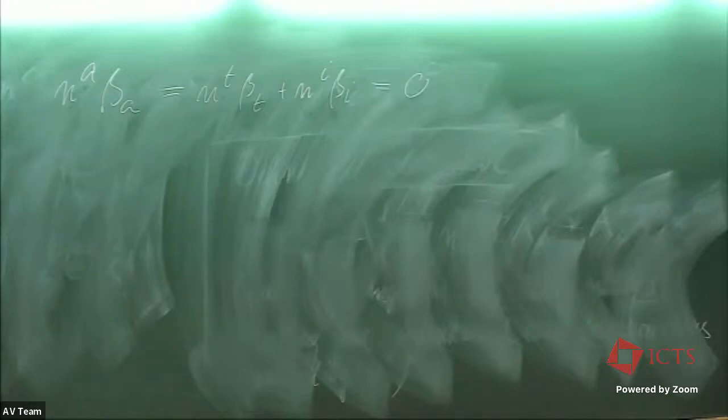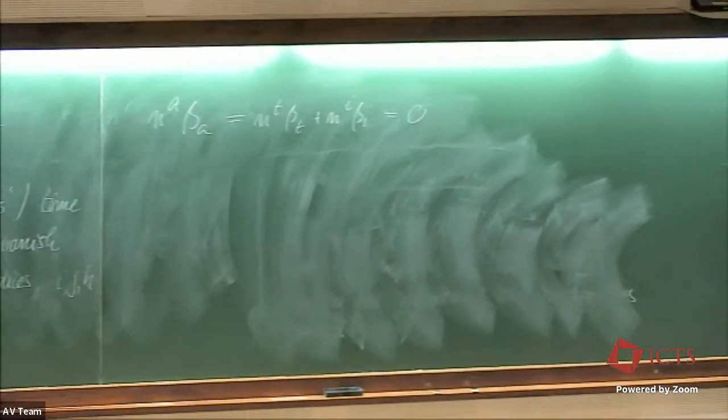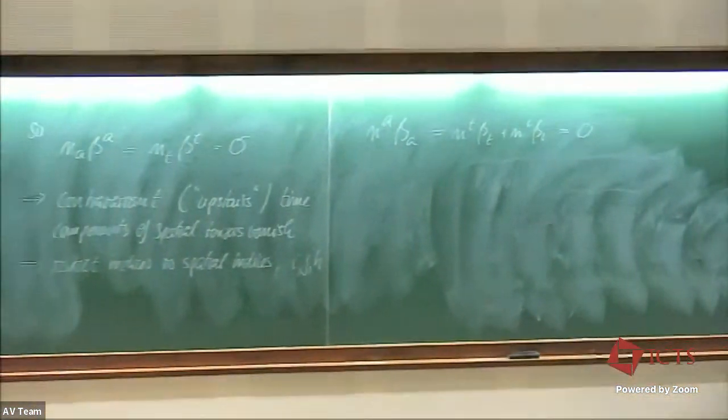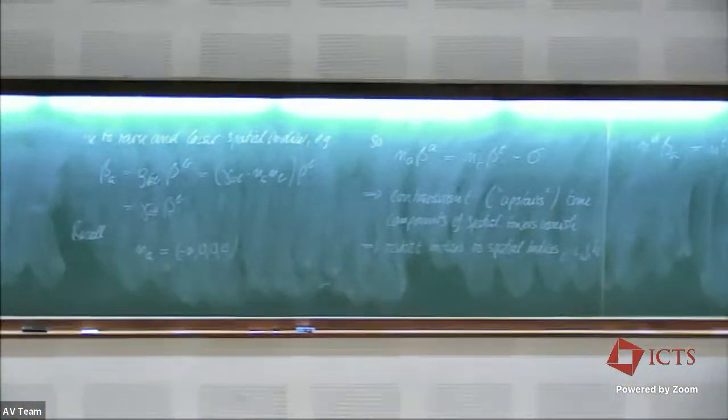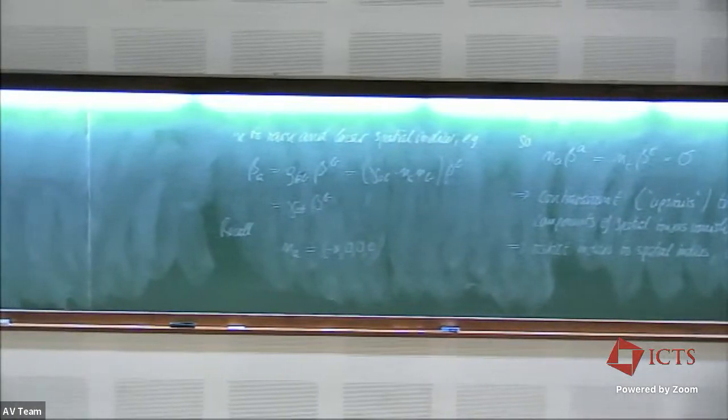All right, let's work out what the metric is. Here's an example of what I meant by restricting to spatial indices. The inverse metric is gamma^AB minus n^A n^B, and gamma is a spatial tensor.